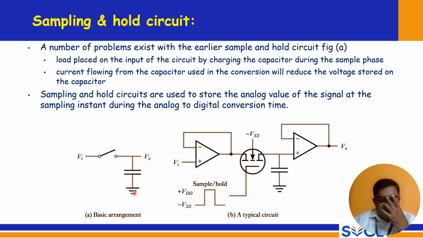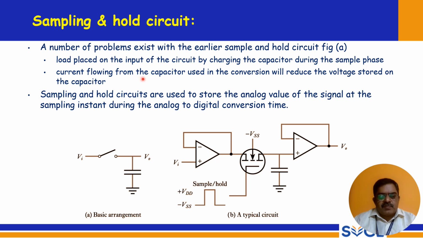Now that is replaced by this technique using MOSFET. Here a MOSFET and two voltage follower circuits are used. So this is the typical circuit. Here, the load is placed on the input of the circuit by charging the capacitor during the sample phase.